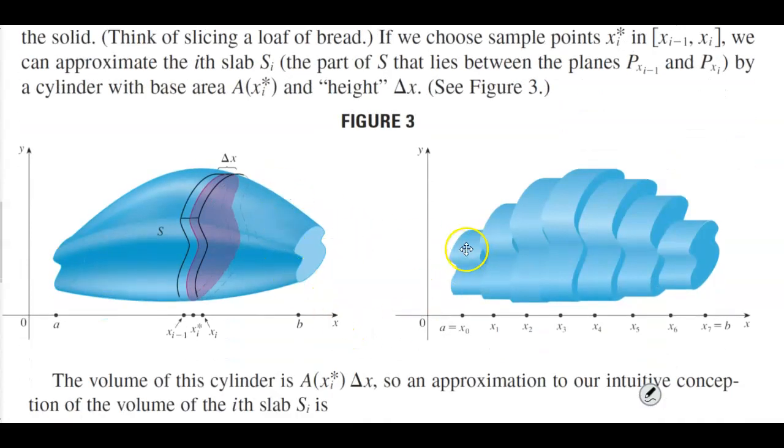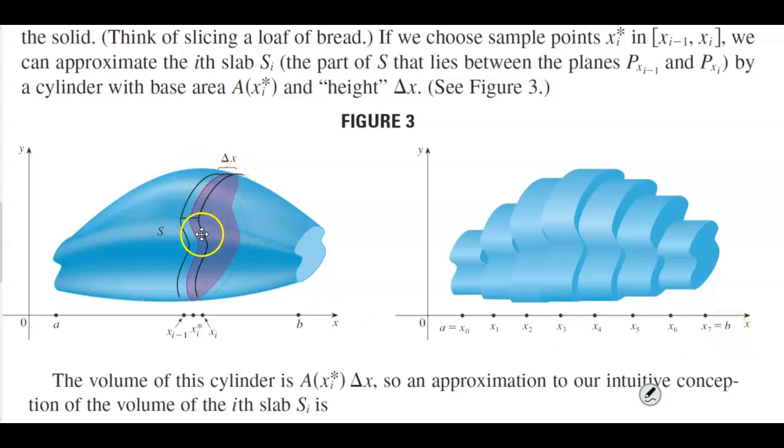On the right here, the figure is cut into cross sections, and you can see the values go from x sub 0, which is a, all the way to x sub 7, which is b.